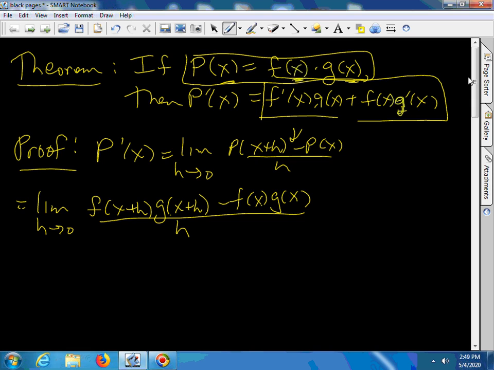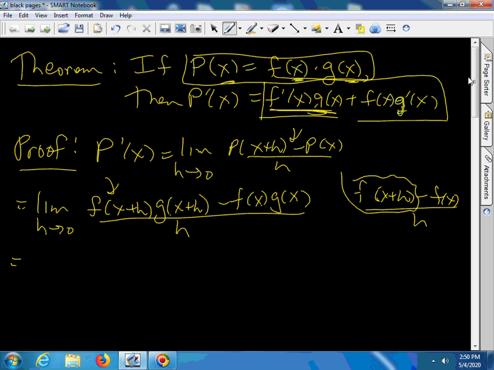Now we have the benefit of seeing the answer. Somehow we want to get f prime of x. And we know what f prime of x is. It needs to be this. Now we clearly have the h in the bottom. And we also have this piece. It's right there.